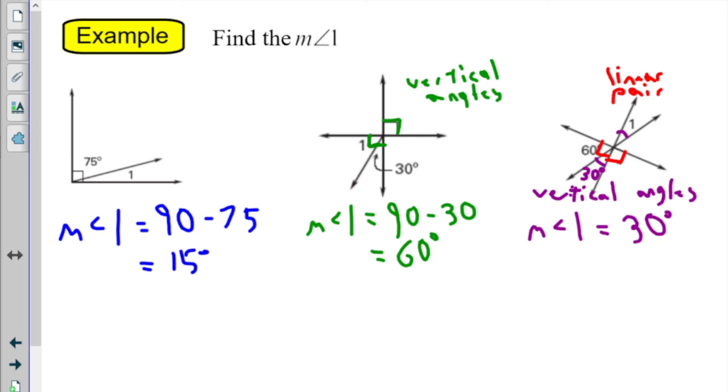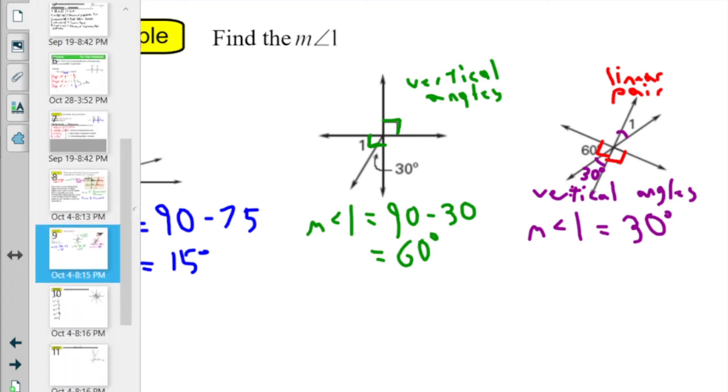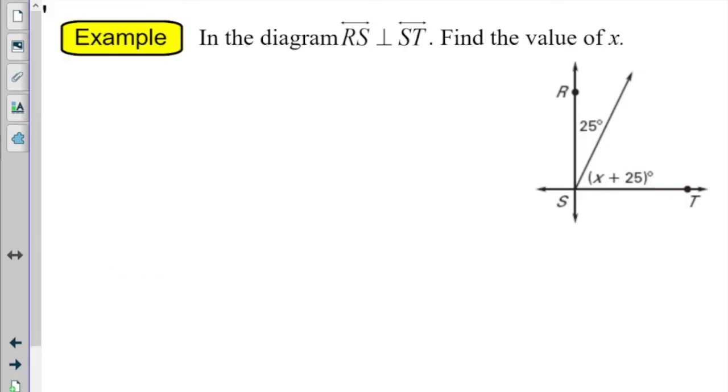All right, we're going to jump down and do one more here together, and then I'll let you try one. That is this one. The key to this one, again, this should be nothing new.